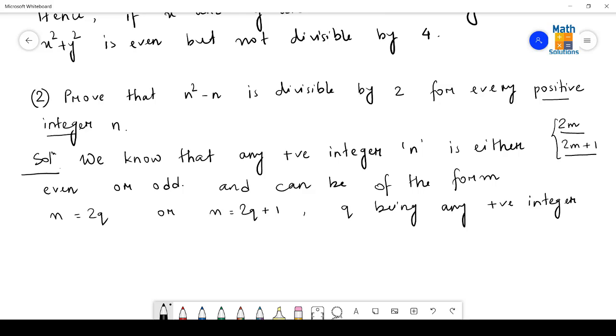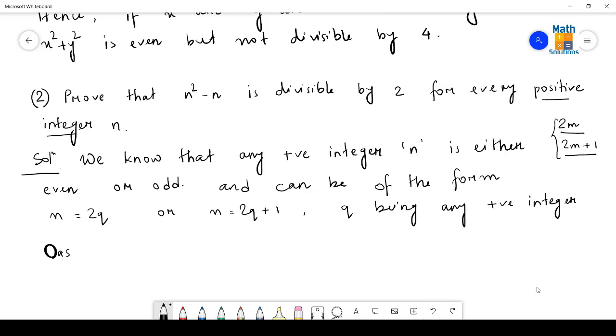I'm writing positive integer because in this case we are dealing only with positive integers. That is why q has to be positive to get the value of n as positive. So two cases will of course come here. So I get case 1.